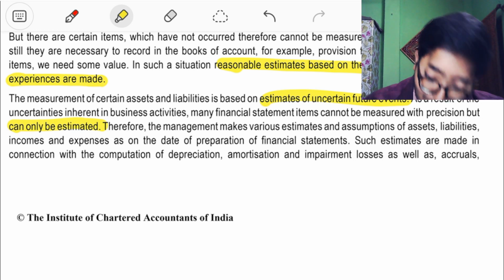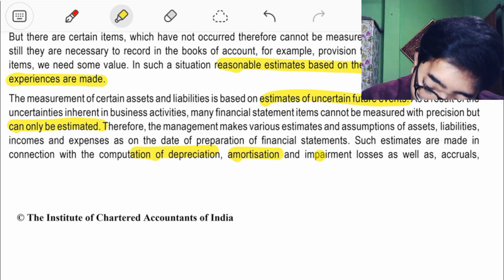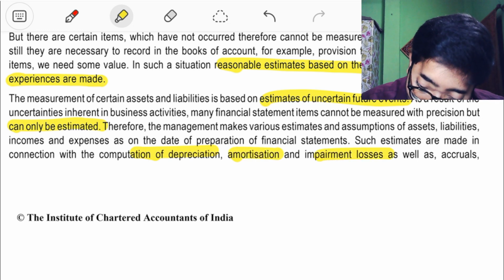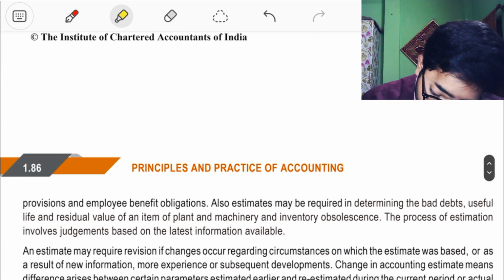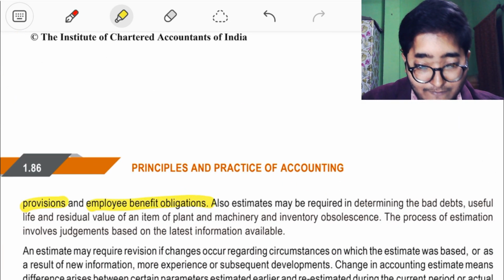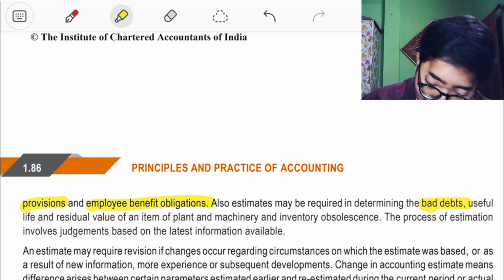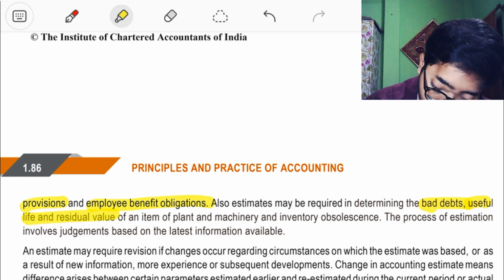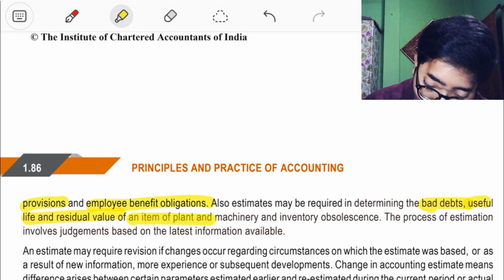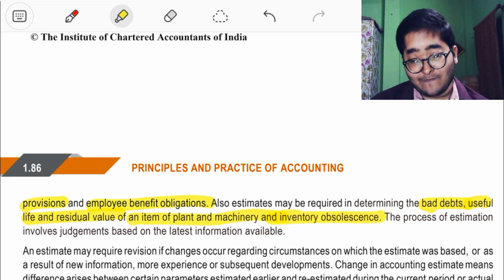Such estimates are made in connection with the computation of depreciation, amortization, impairment losses, as well as accruals, provisions, employee benefit obligations. Also, estimates may be required in determining bad debts, useful life and residual value of items of plant and machinery, and inventory obsolescence.